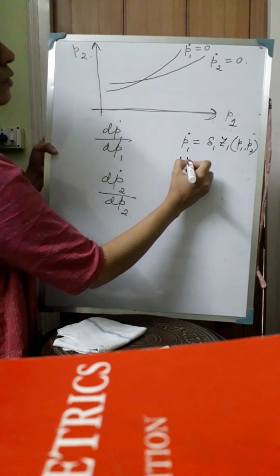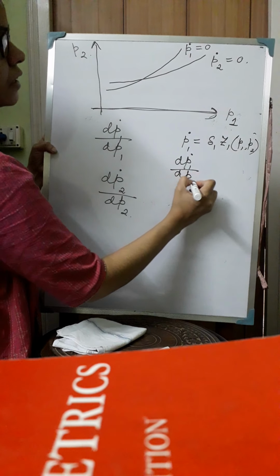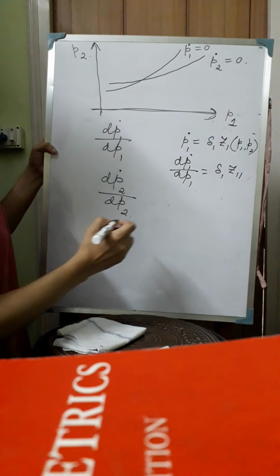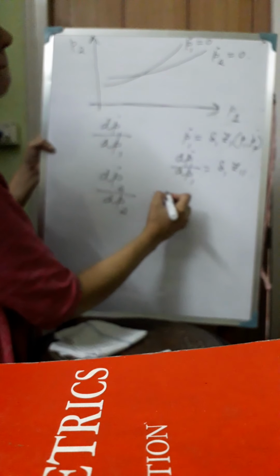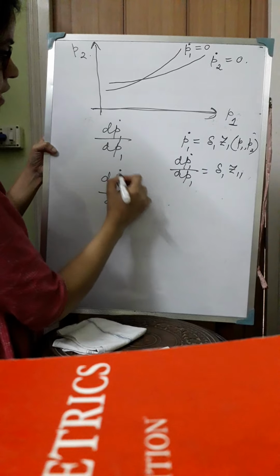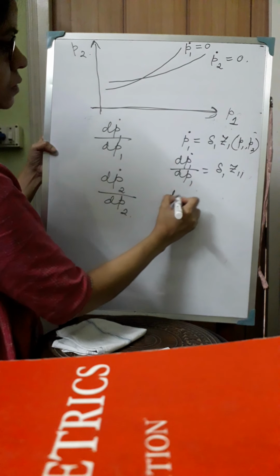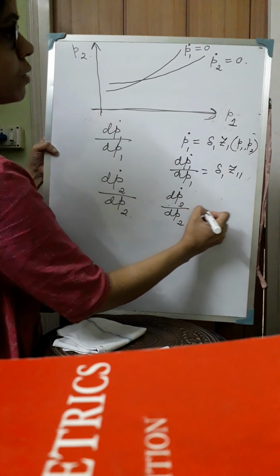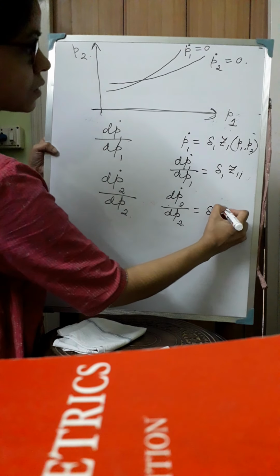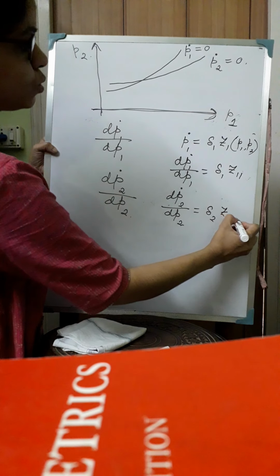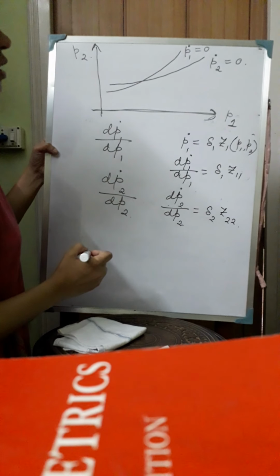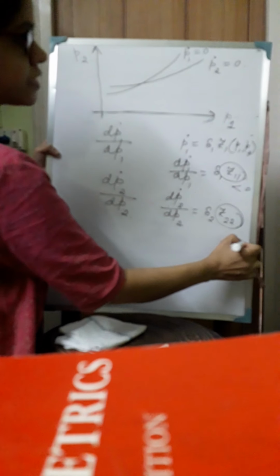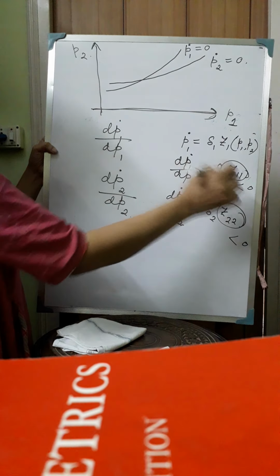Now dP1 dot/dP1 is delta 1 Z11. And what is dP2 dot/dP2? It is equal to delta 2 Z22. Now by assumption this is less than 0, and by assumption this is less than 0. So dP1 dot/dP1 is less than 0.